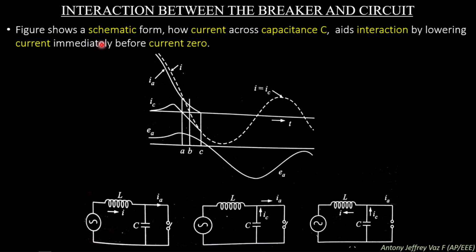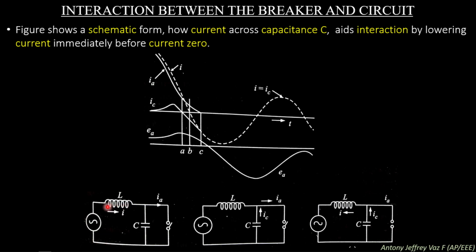Now the figure shows a schematic of how the current through capacitance C aids interruption by lowering the current immediately before current zero. First we can see these three figures. First you can see the generator is supplying the total current I, which comprises the arc current and the inductance current IL.